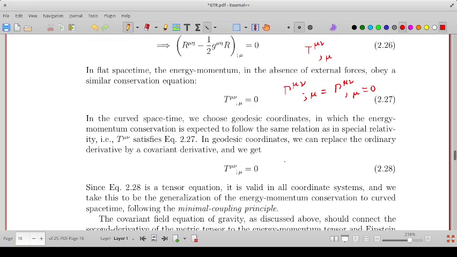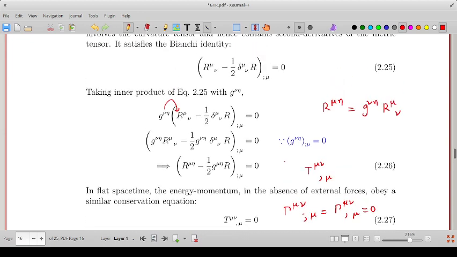So now we have two quantities. One follows from the Bianchi identity satisfied by the Einstein tensor, leading to this equation, which says that the covariant derivative of R^μν minus half g^μν R is equal to 0.